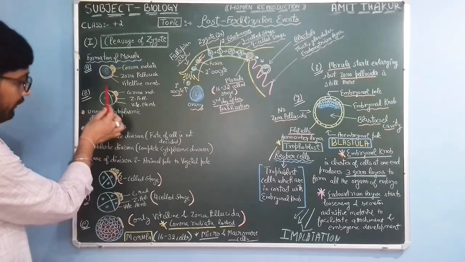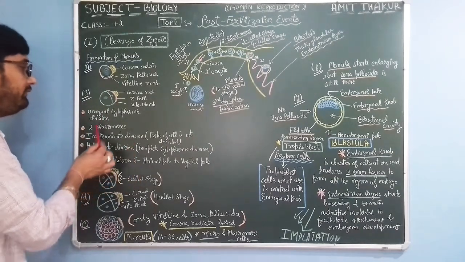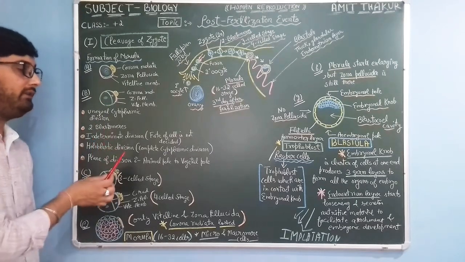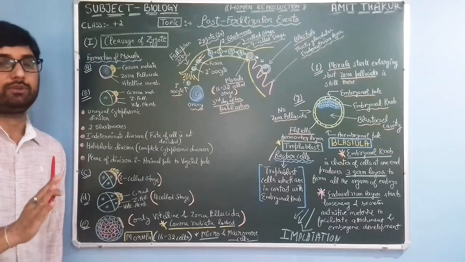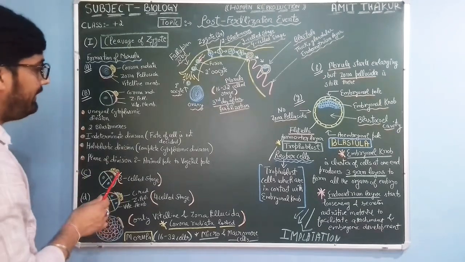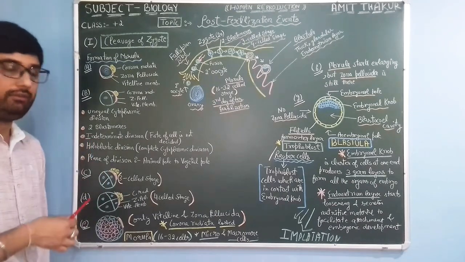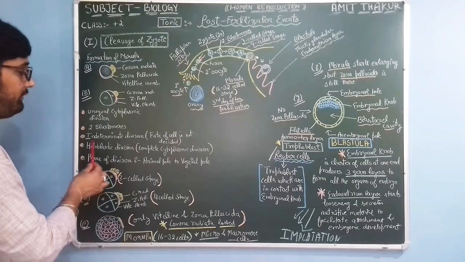This division is also known as indeterminate division. It is very important. That means the fate of the cell is not decided yet. That's why it is indeterminate division. It is also known as holoblastic division.